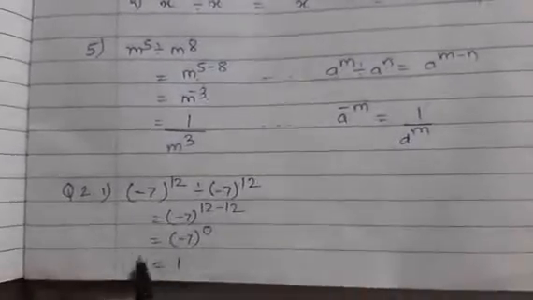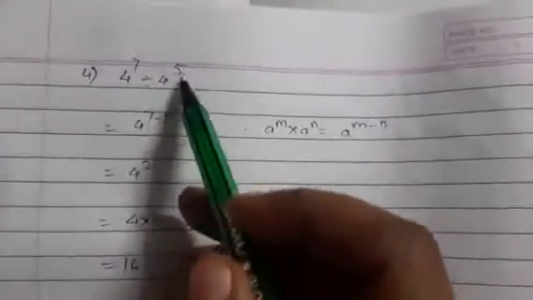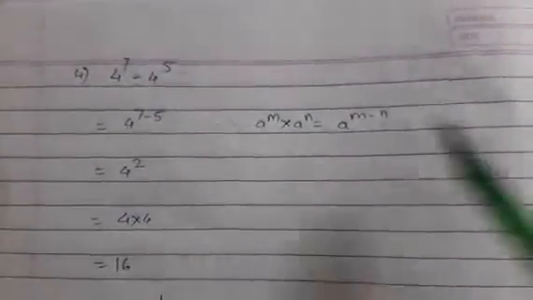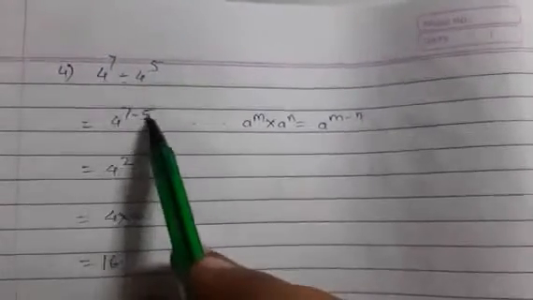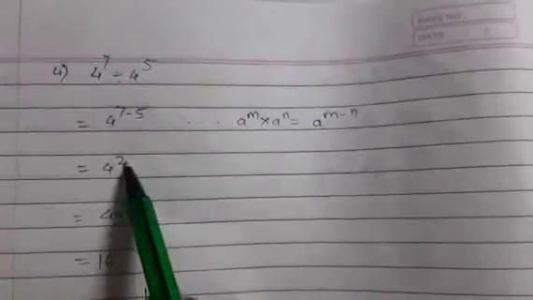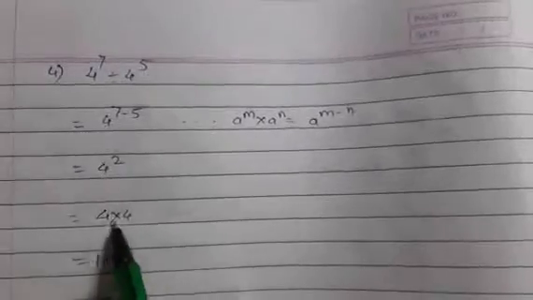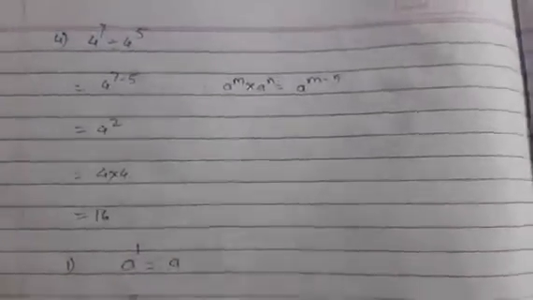So its answer is 1. Next question is, find the value of 4 raised to 7 divided by 4 raised to 5. Here also, as the base is the same, indices are subtracted. 4 raised to 7 minus 5, 4 raised to 2. And 4 raised to 2 is 4 into 4, that's why it will be 16.